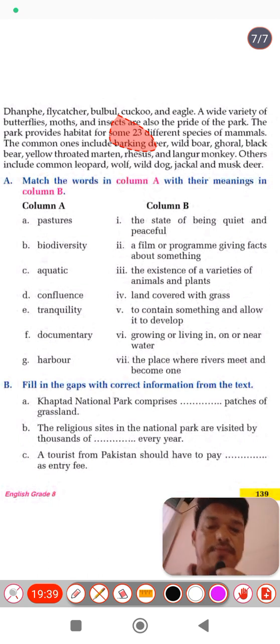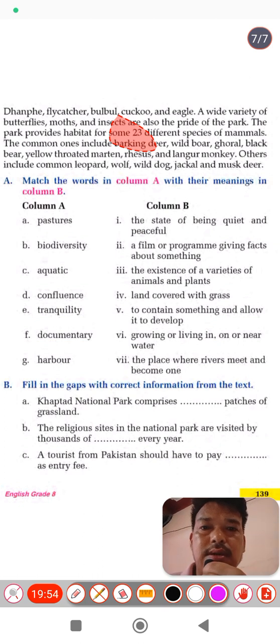So there are different species of birds and animals. The birds like Daffy, flycatcher, babool are some attractive species. They are the pride of the park.